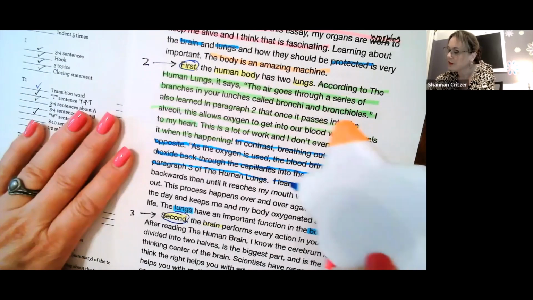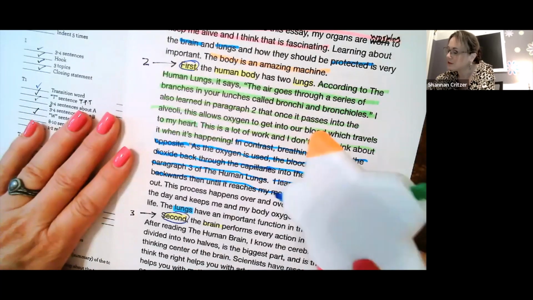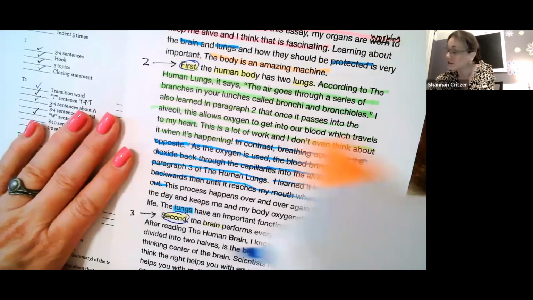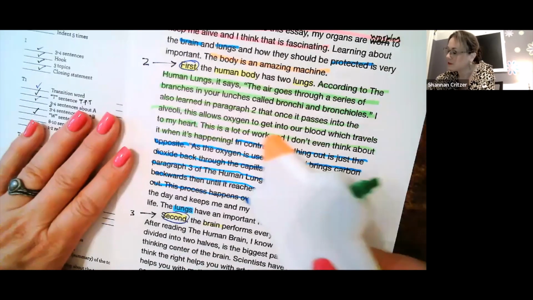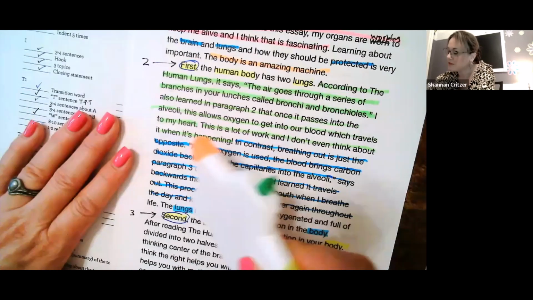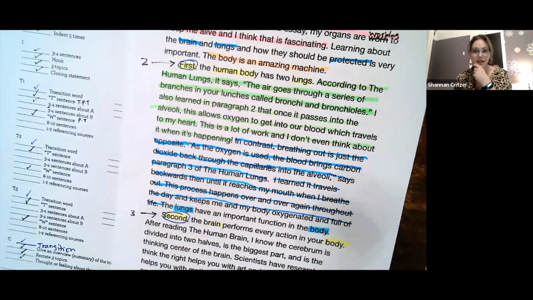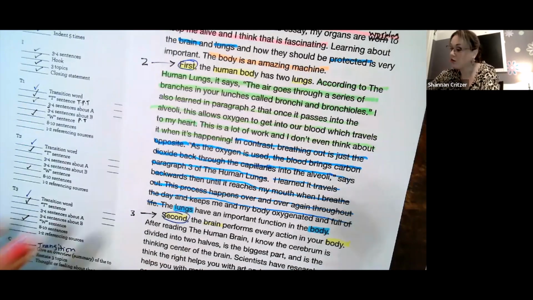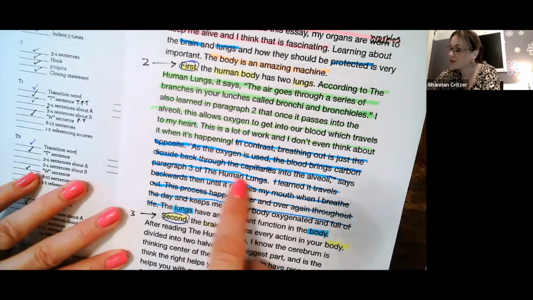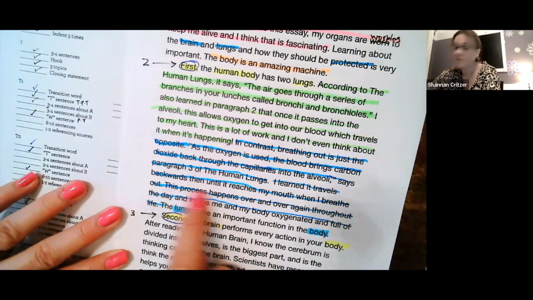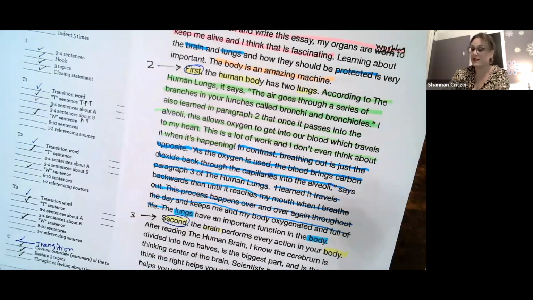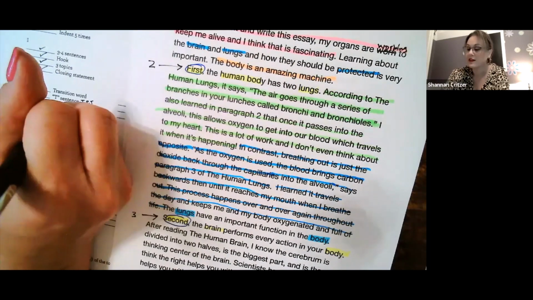I learned it travels backwards then until it reaches my mouth when I breathe out. There's another sentence. This process happens over and over again throughout the day. Keeps me and my body oxygenated and full of life. So let's see. 1, 2, 3, 4. I have 4. So I can come over here and I underline 4.